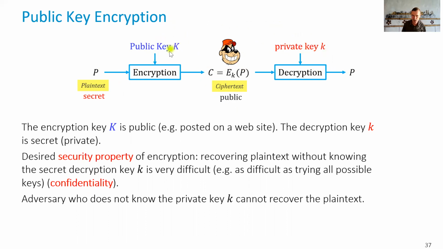And one of the keys, typically the encryption key, can be made public. Made public means it's not secret. Anybody can know it. The decryption key is private, and private here means secret. That means only the intended recipient will be able to decrypt.